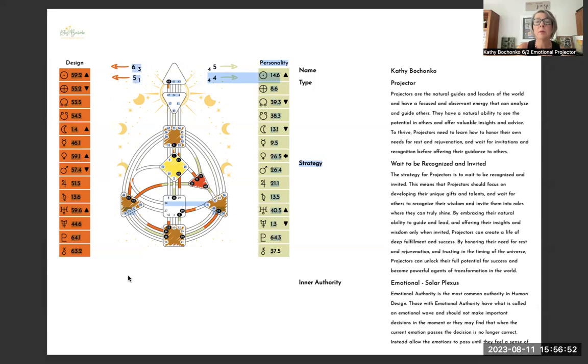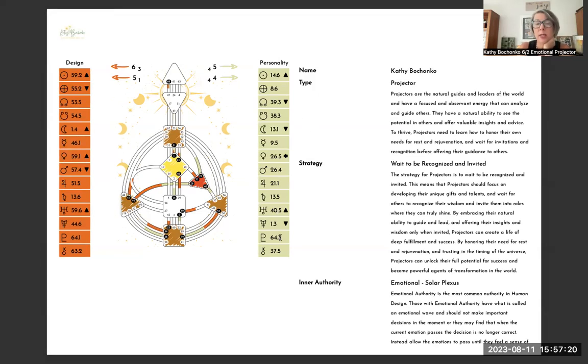And what happens is each of these tells you where the planets were at the time of your birth. And this is 88 degrees of astrological degrees of the sun prior to your birth, which is when the design elements are encoded.